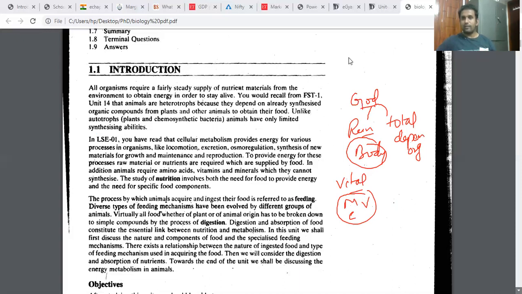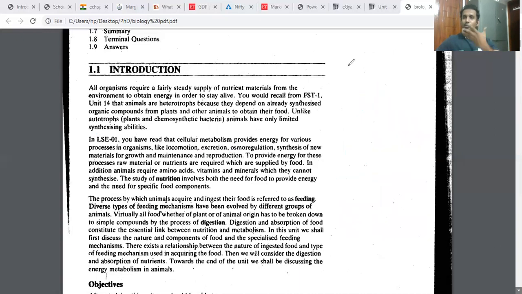So we should be very happy, because if all the nutrients had to be taken from outside, it would be a very big pressure on food production, right or wrong? Right, because we are talking about food, so I have to think only of agriculture. That is very common here. But thank God, God has given us that some nutrients your body will synthesize, and please take some other nutrients from outside.